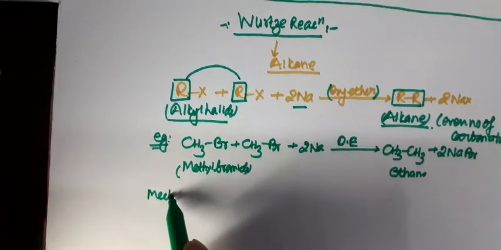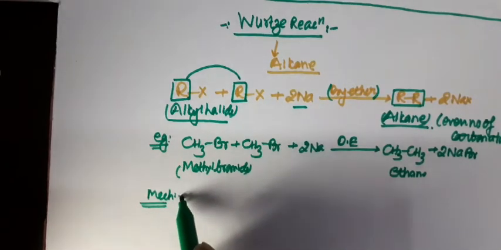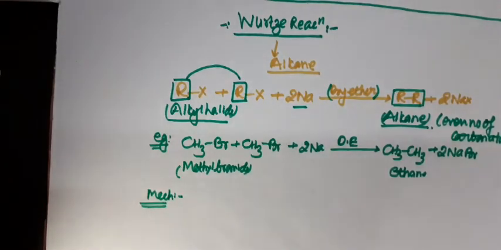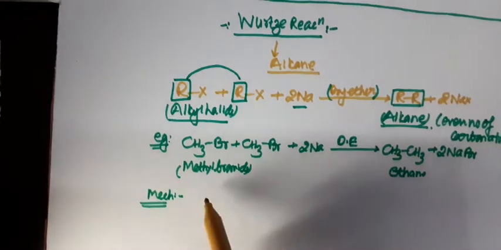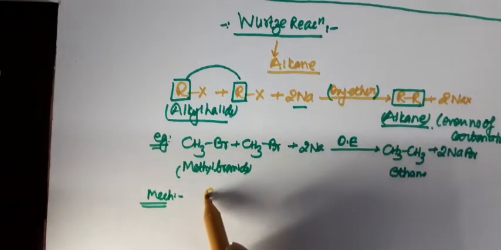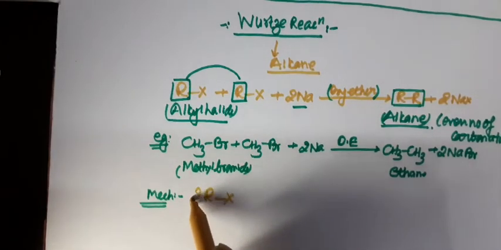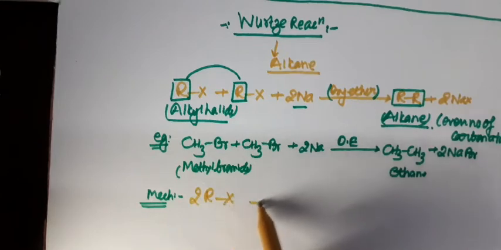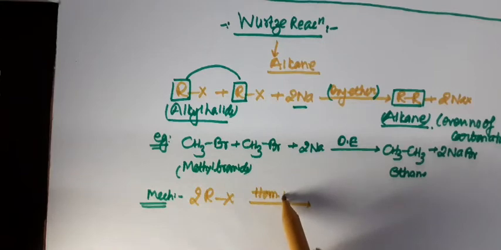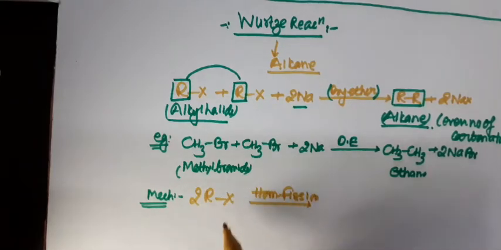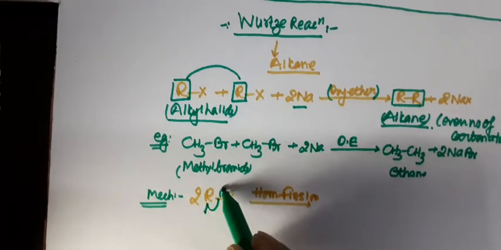Let's write the mechanism of the reaction. This reaction proceeds by the free radical process. What we have to do, we have two molecules of haloalkane and it undergoes homolytic fission, and like this each of the bonded atoms acquires one single electron.